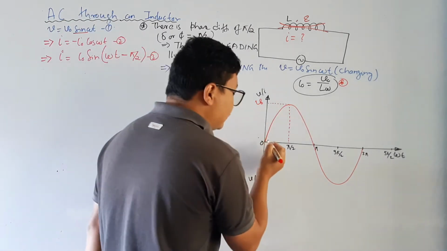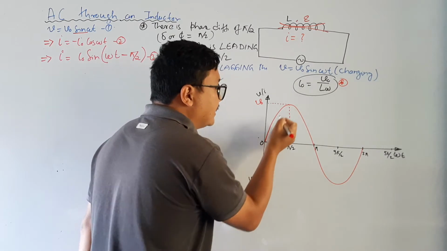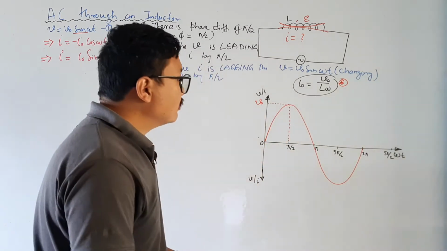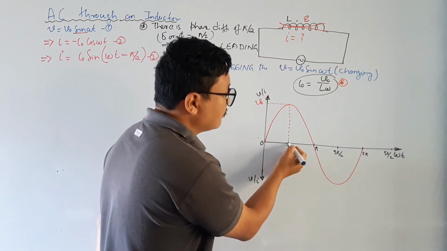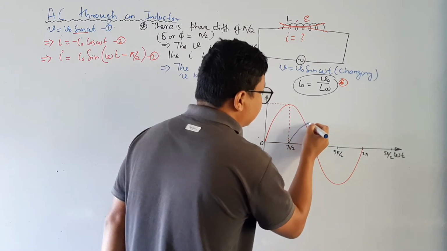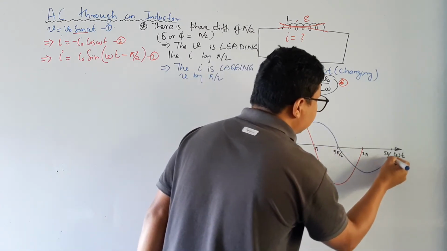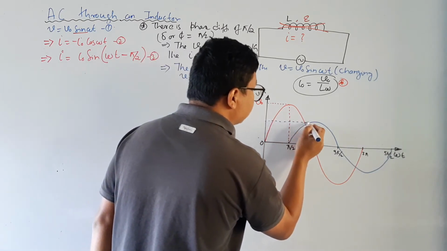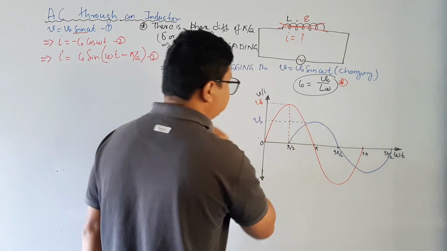So the voltage started from 0 and reached its maximum V0 at pi by 2. Only when the voltage reaches pi by 2 will the current start, and this value is the maximum I0.